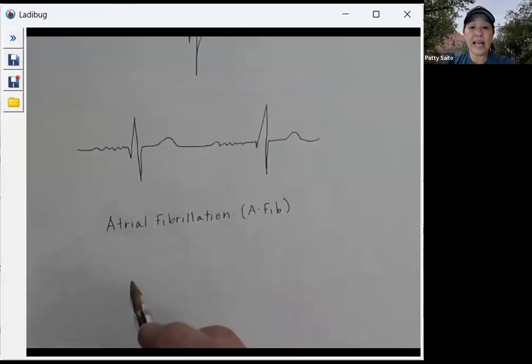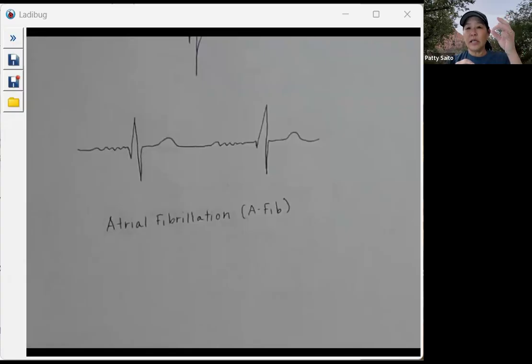Fibrillation is uncoordinated electrical activity, which means that the SA node is not really controlling the electrical activity in the atria, so the atrial cells are independent of each other.